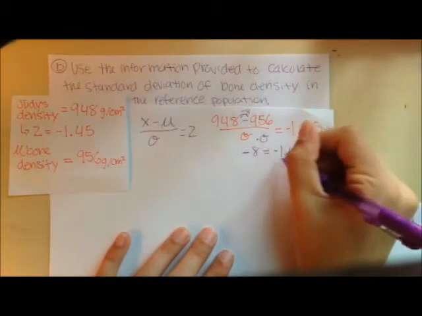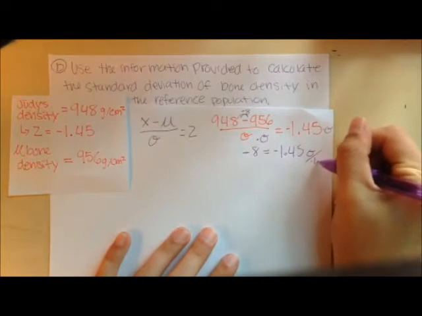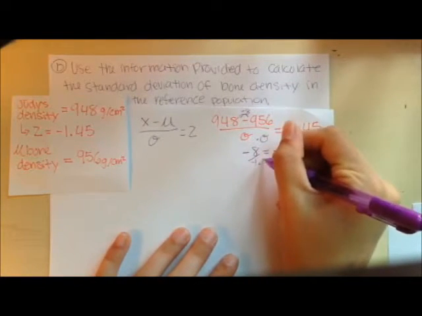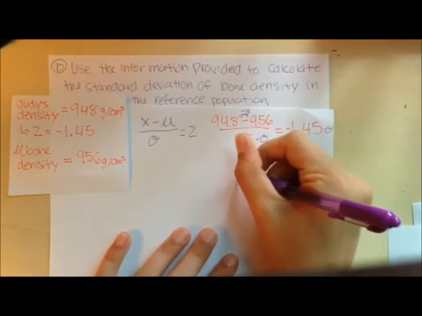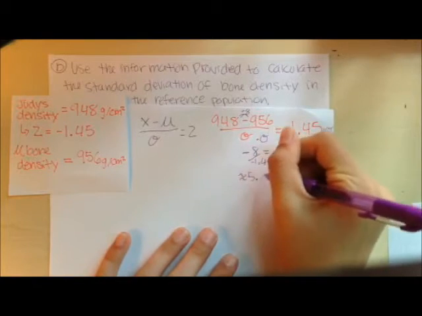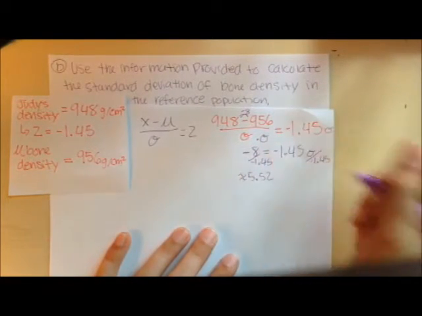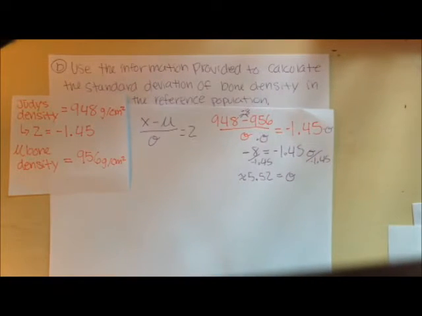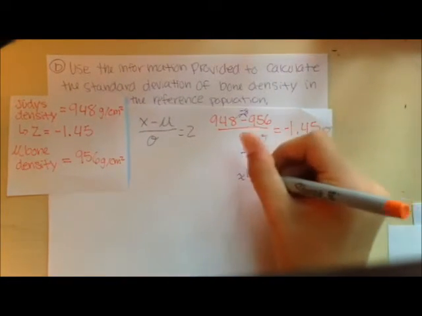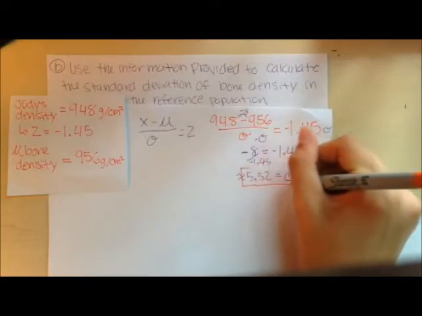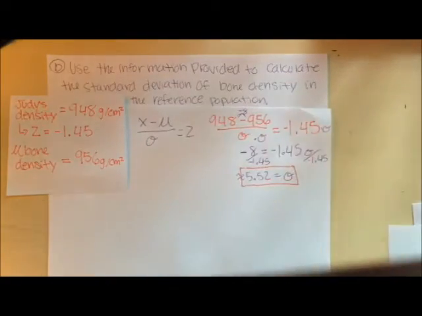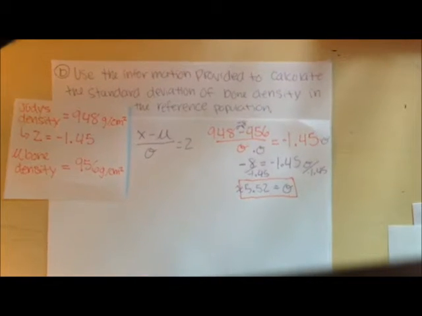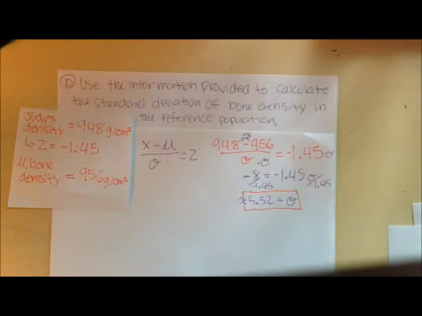And then from there, we'll divide both sides by -1.45. And that will leave us with approximately 5.52 equals the standard deviation. And that should be your final answer. So the standard deviation of the reference population is approximately 5.52.